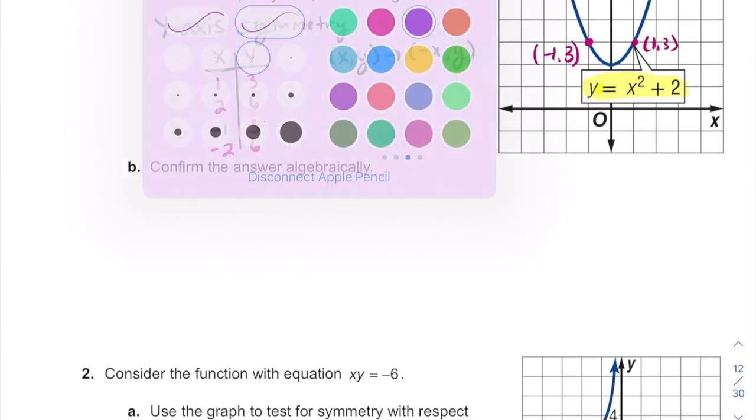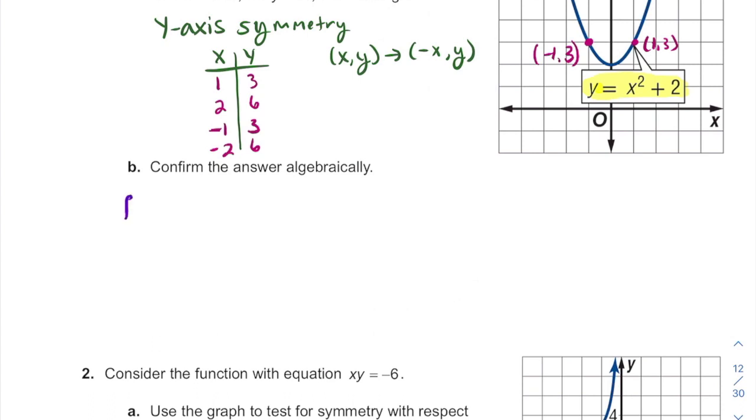So what we are going to calculate is f of negative x. We're trying to figure out if that equals x squared plus 2, which is our original equation. So for f of negative x, wherever I see an x, I'm going to put a negative in parentheses with it.